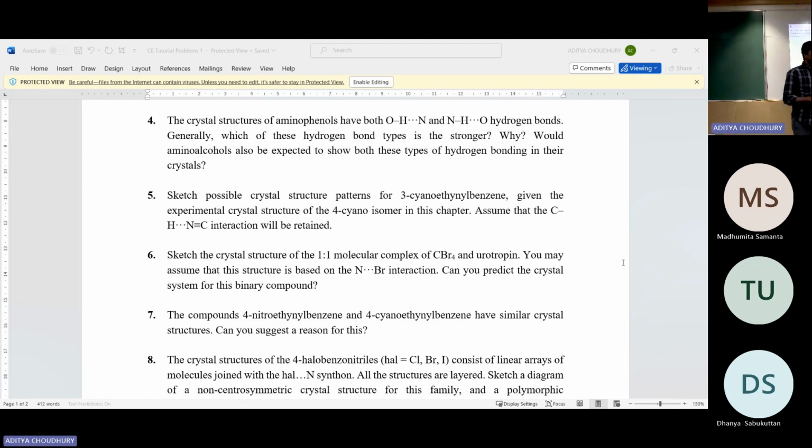First of all, is it a planar or non-planar molecule? Planar. So it's going to be forming sheets. Try to draw the structure.